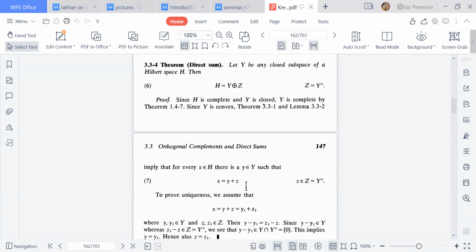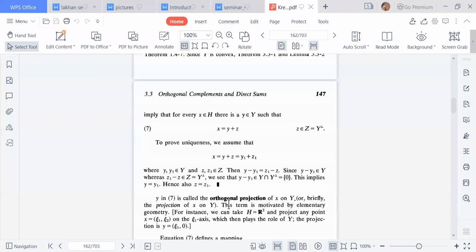By definition of direct sum, H is direct sum of Y and Z if every element in H is represented as sum of an element in Y and an element in Z, where this representation should be unique.